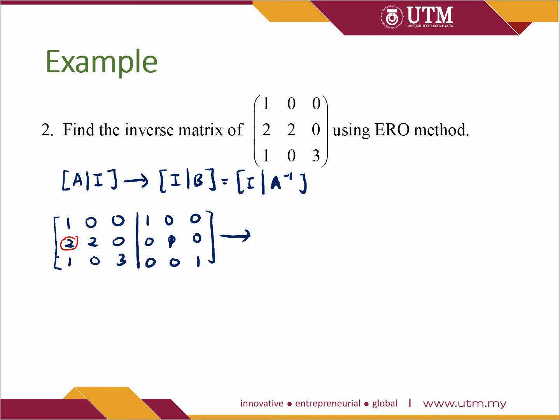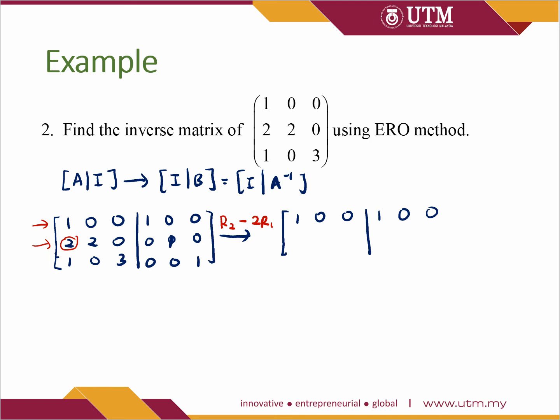In order to make sure that this element is equal to 0, we take R2, the row 2 here, minus 2 times R1. So for the first row, we just rewrite all the elements in the first row. And then for the second row, we use this formula to get the new row.